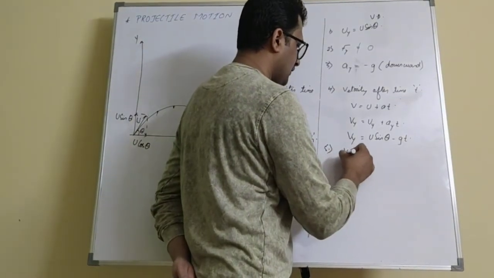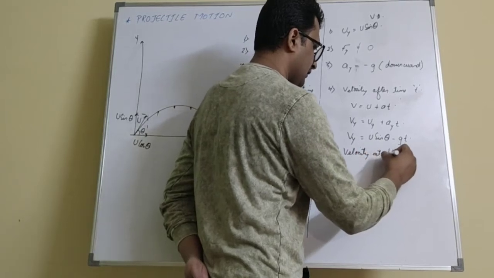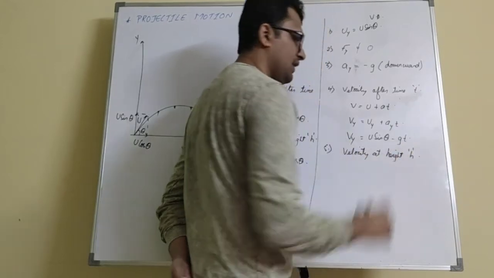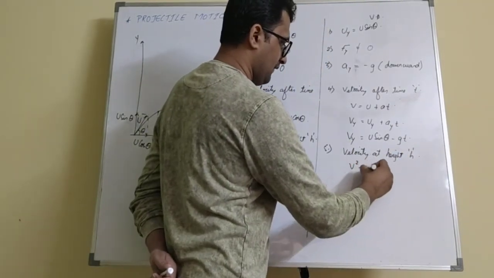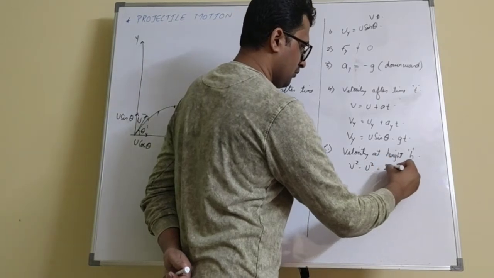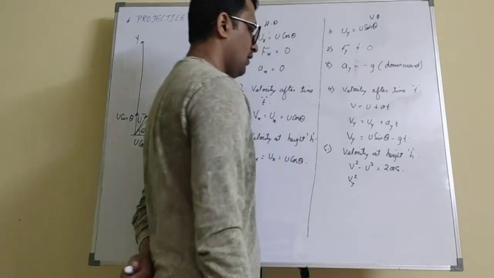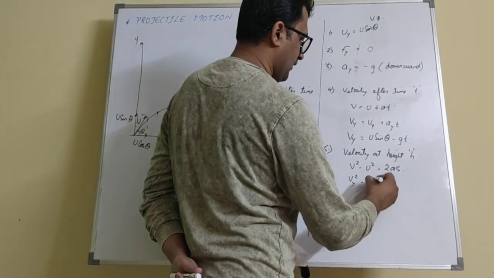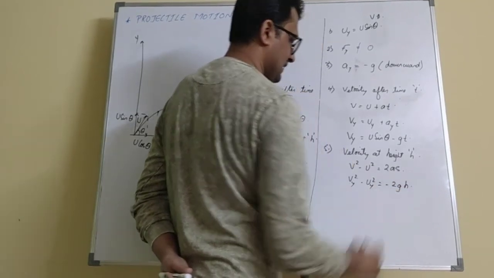Whereas we can give this point down. What we will say, velocity at height h. So I am applying v square minus u square equals to 2as. So in vertical direction it will be v square minus uy square equals to minus 2gh.